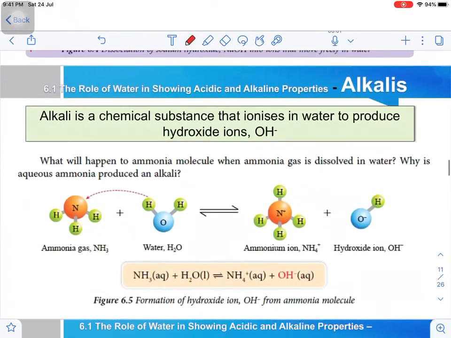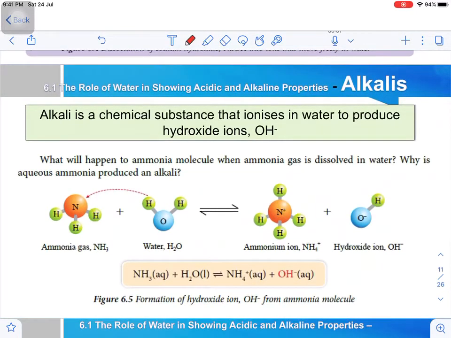Okay. So an alkali is a chemical substance that ionizes in water to produce hydroxide ion. This is the definition of alkali. So what will happen to an ammonia molecule when ammonia gas is dissolved in water? So ammonia, NH3, when it reacts with water, what will happen?